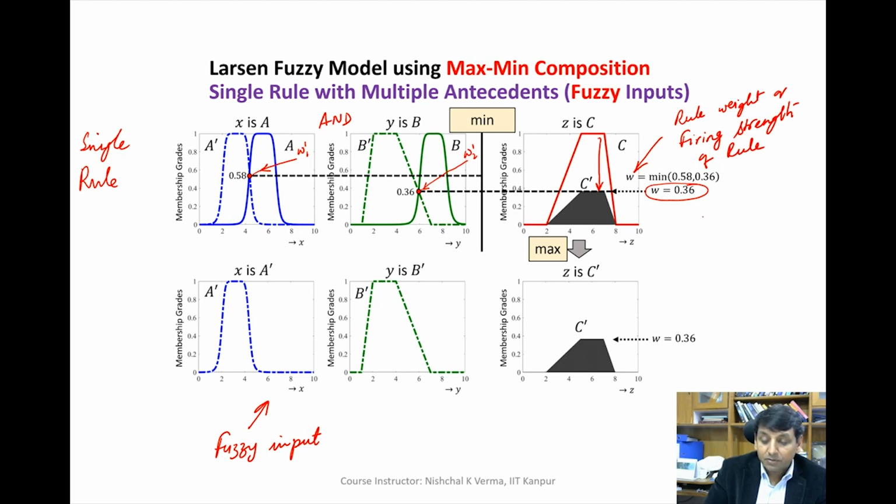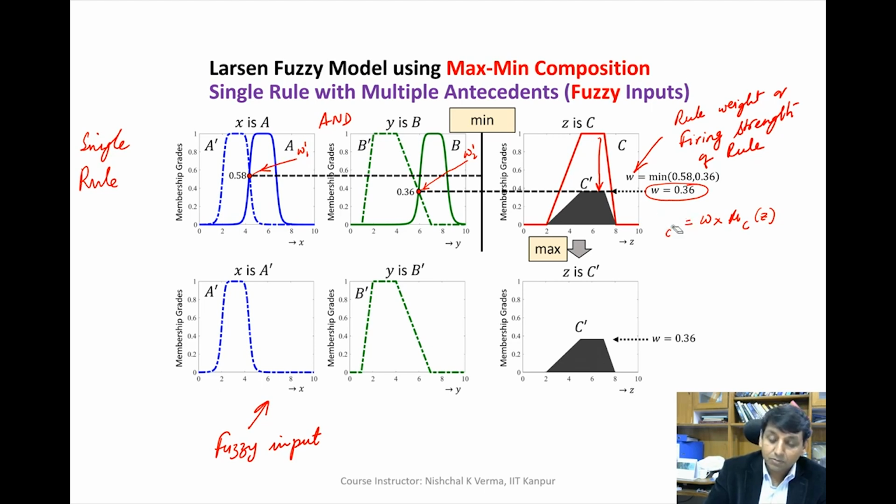So what we do here, we just take this W as 0.36 and then we multiply it with simply mu C, the membership function of the fuzzy set characterizing the output fuzzy set C. So this is mu C, not mu B. So W into mu C of z is going to give me mu C dash.